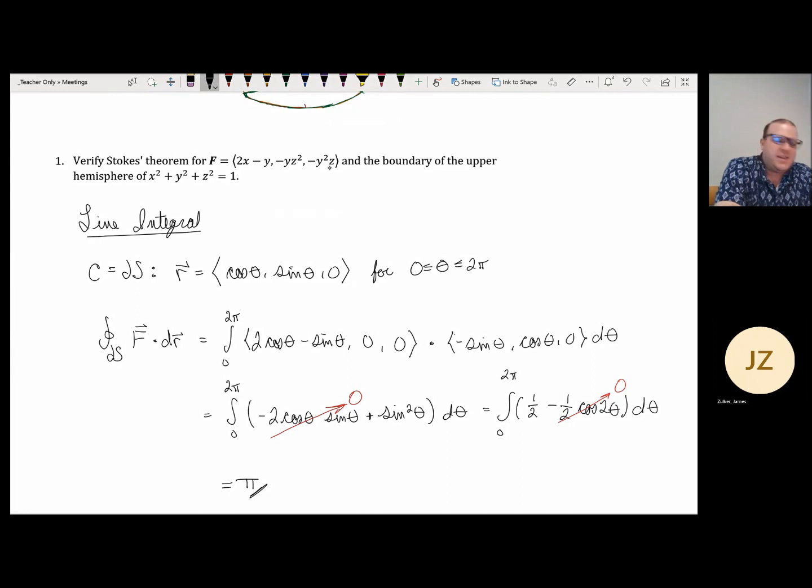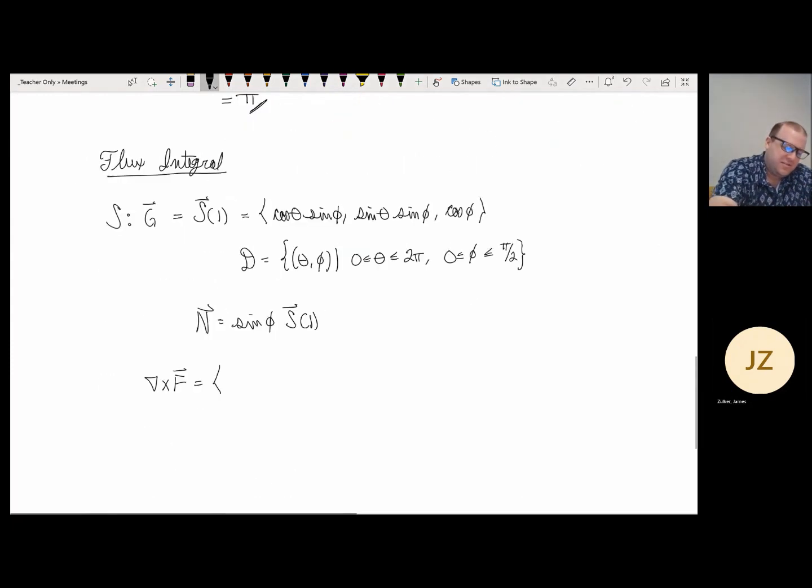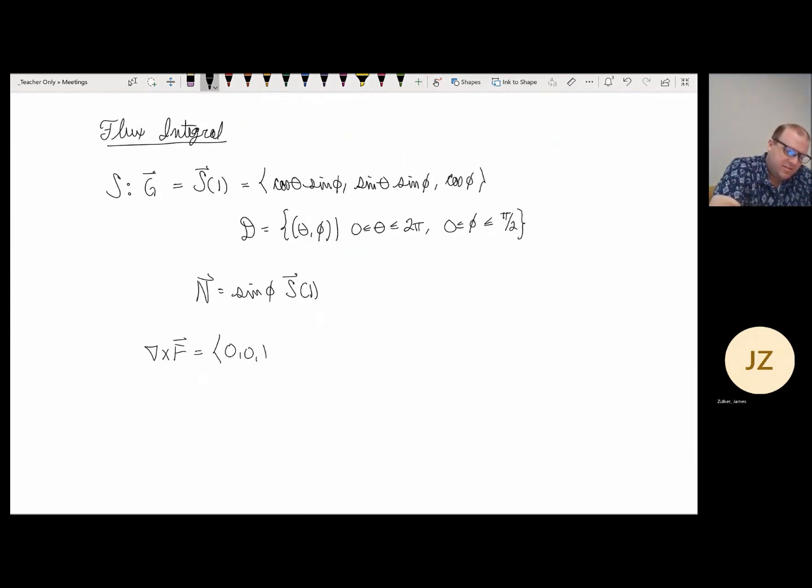Partial y, negative 2yz. Partial z, negative 2yz. First component 0. Partial z is 0. Partial x is 0. Second component is 0. Partial x is 0. Partial y is negative 1. The third component is 1, which is just k hat.